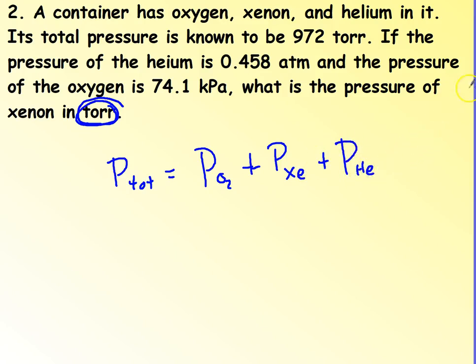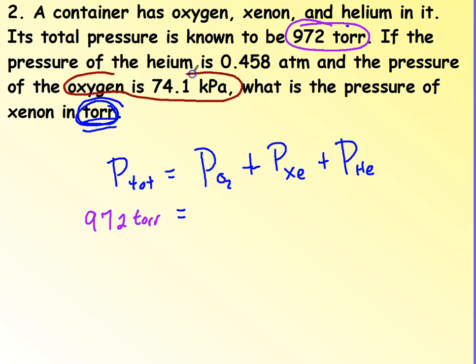If everything has to be in torr, the total pressure is already in torr, so I just plug it in, 972 torr, which is equal to the pressure of oxygen. Oxygen is 74.1 kPa. This is not torr, so I have to convert it first.